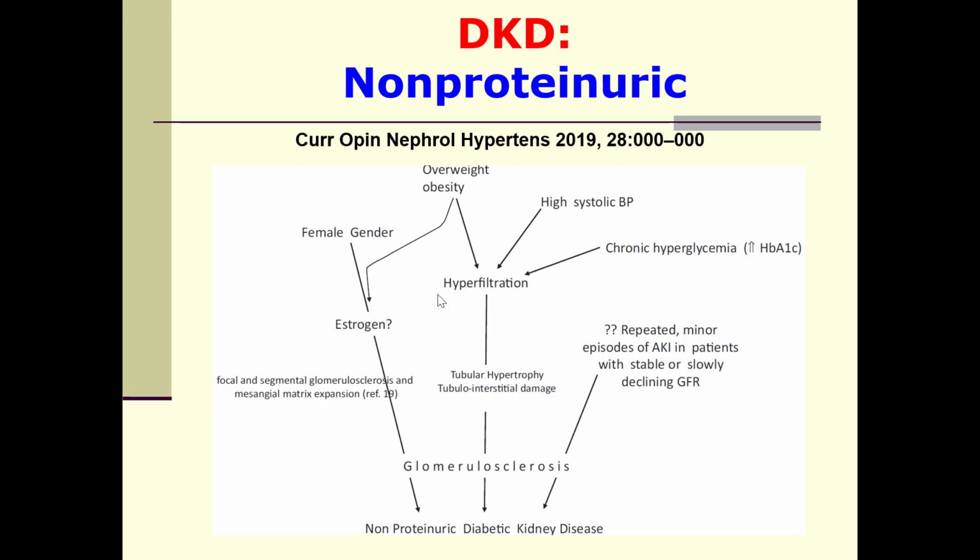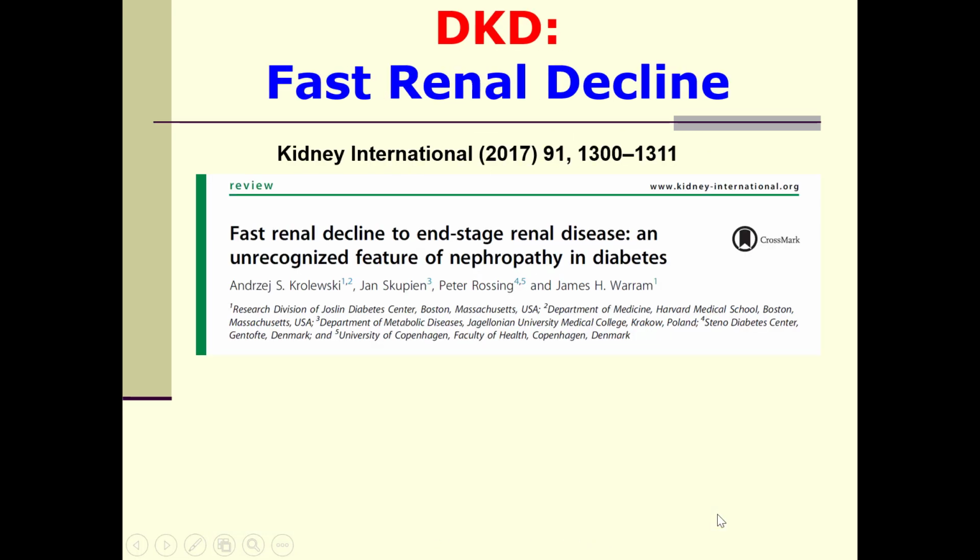And it seems that the presence of diabetic kidney disease may reflect repeated minor episodes of acute kidney injury in patients with stable or slowly declining GFR, or tubular hypertrophy and tubulointerstitial damage, or other lesions. So all these factors can lead to non-proteinuric diabetic kidney disease.